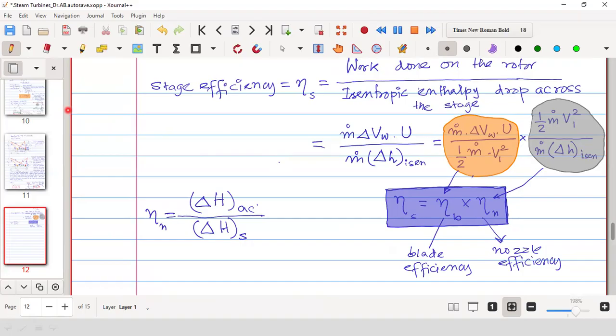So there will be an increase in entropy, and the actual enthalpy change will be less compared to the isentropic enthalpy change, and therefore the actual velocity obtained at the exit will be less compared to the isentropic situation. So that was defined during the discussion of nozzle efficiency in compressible flow.